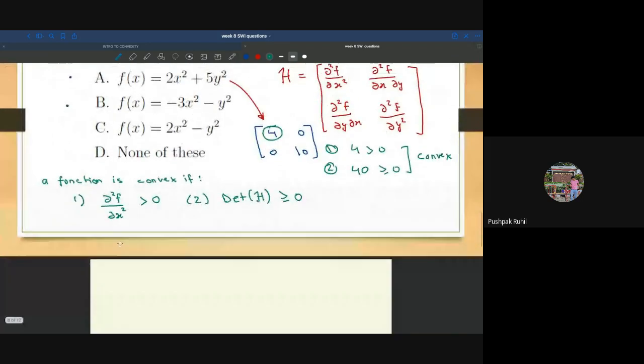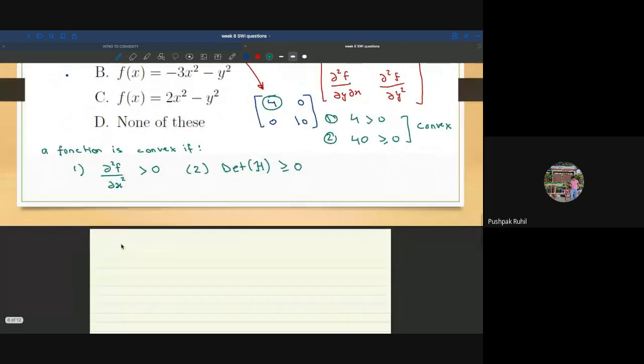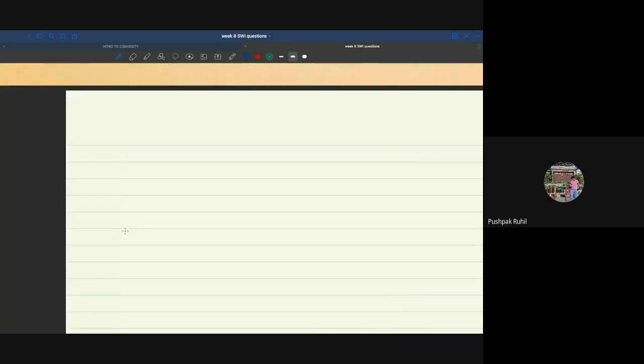Okay, so the next is minus 3x square minus y square. In this, what would be the Hessian matrix? Someone tell me.